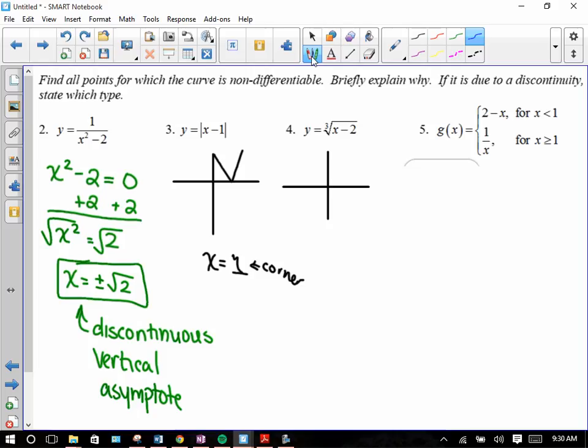That's going to look something like this. Now the cube root of x minus 2 is not going to look like that. It's going to be over 2 to the right.